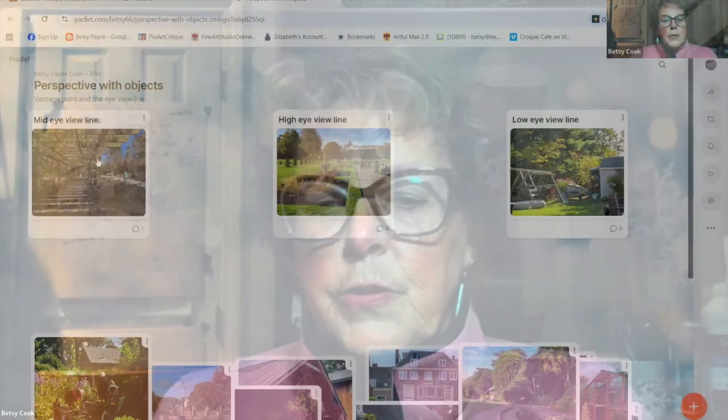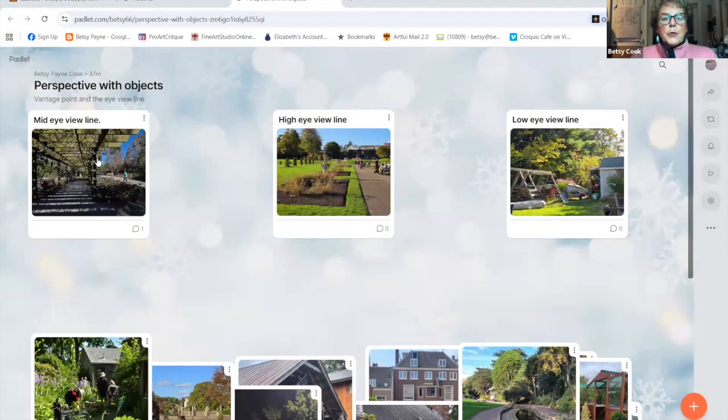So here we go. I've broken it into three different ways that you can group your photographs, and this is a really good exercise. Get digital, or actual real photographs if people still have them anymore, and try to decide where your eye view line is.